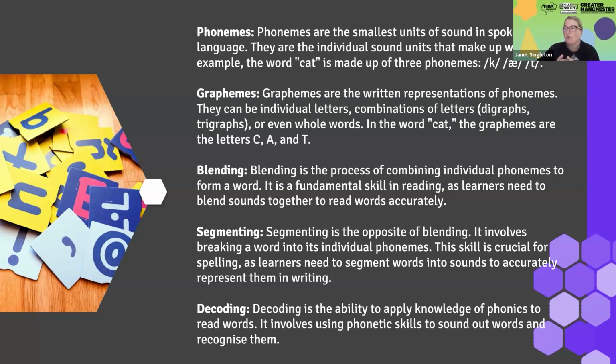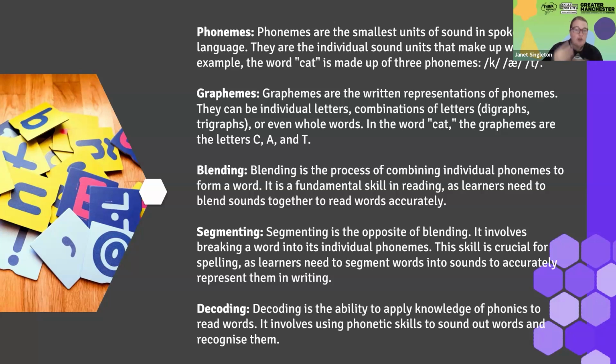So that's phonemes and graphemes. You've then got blending. So blending is the process of combining those individual phonemes to form a word. And it's a fundamental skill in reading, as learners need to blend sounds together to read words accurately.